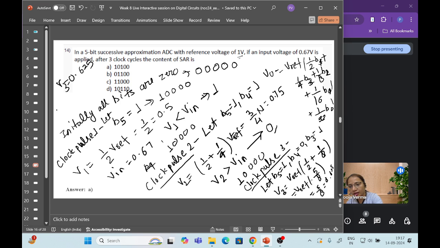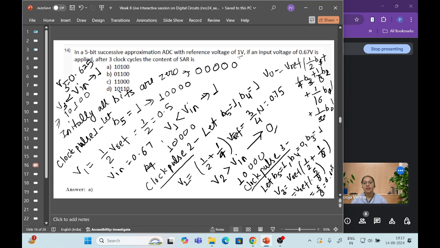Here V3 is less than Vin, right? That means that will produce output 1. Vin is 0.67, but here we have got 0.62. So Vin is greater than V3. So that means that the V3 bit is 1. Okay. So what will be the content after 3 clock pulses? The content will be 1 0 1 0 0.